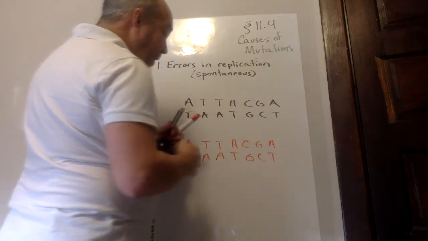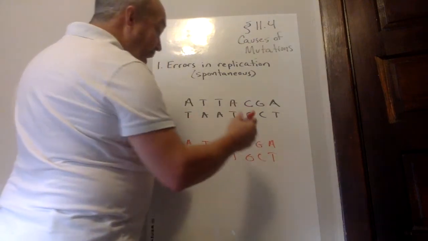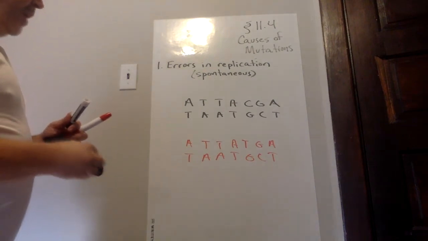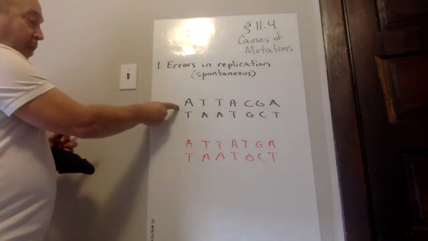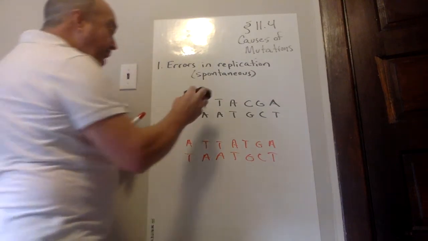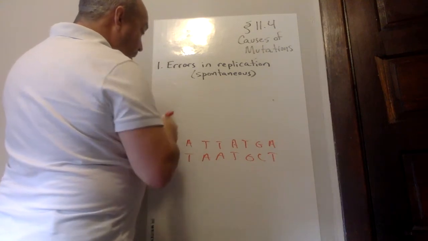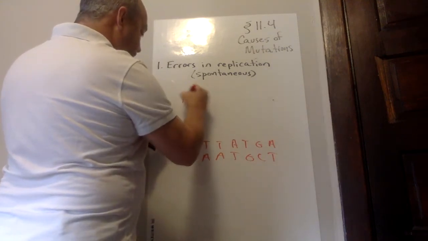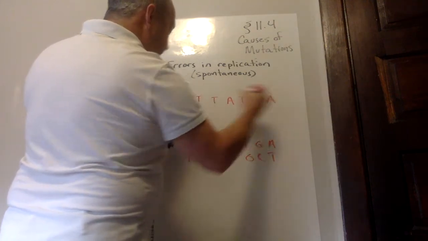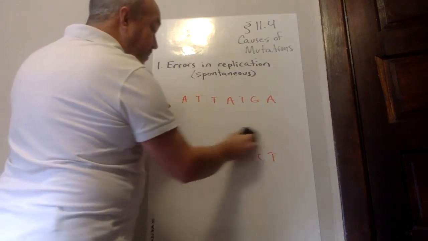But there are times when DNA polymerase 1 does not catch its mistake, and then this will persist in that cell line. So one new cell will get what you originally had, but one cell will now get the mutated form. Now what happens next time around, when these split, we now have a new configuration.